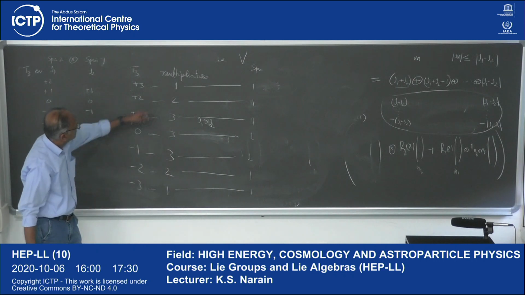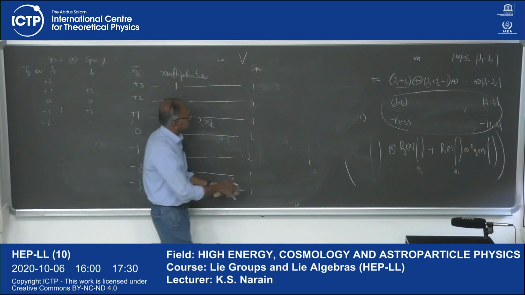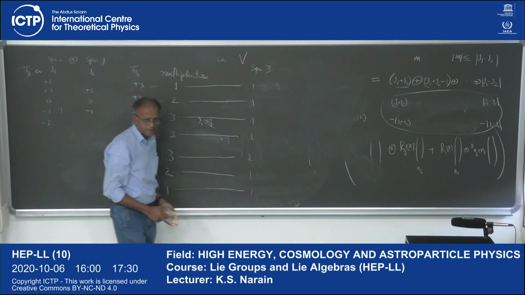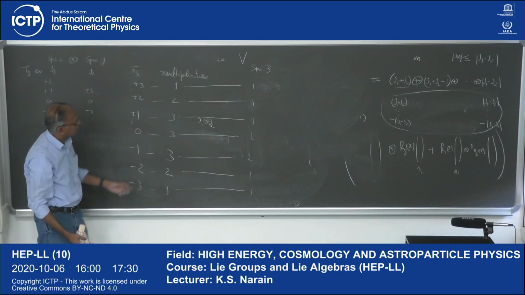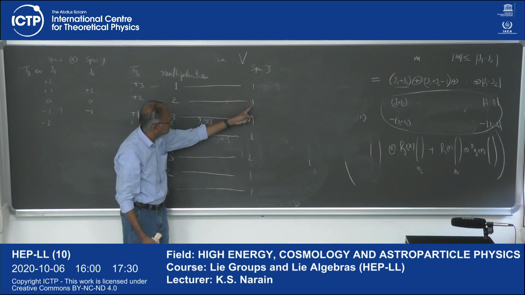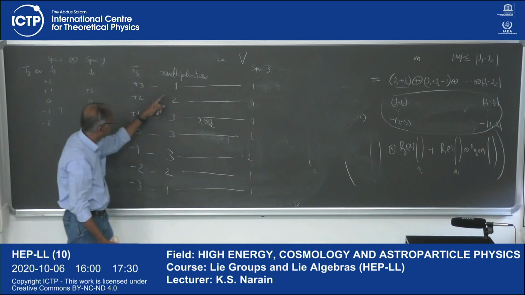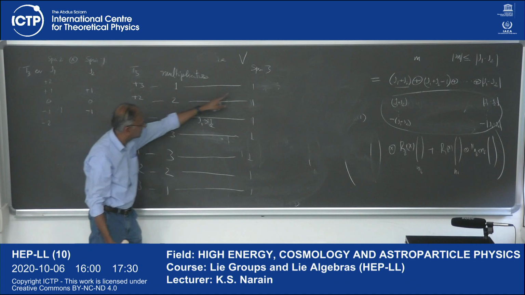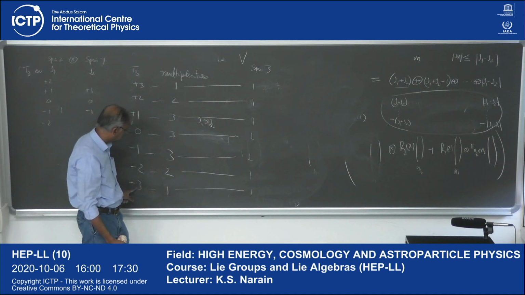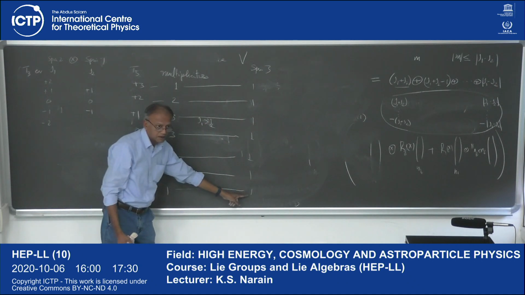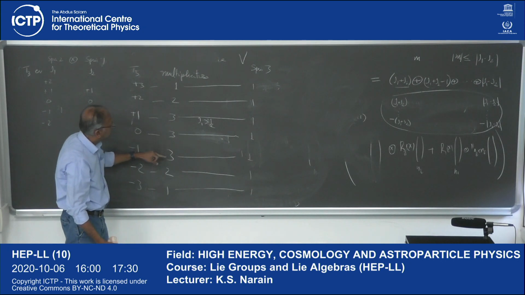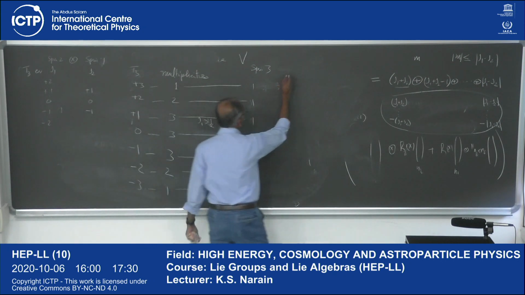So I know that the spin 3 representation exists. But that cannot be the whole thing, because spin 3 accounts for multiplicity 1 for each of these contributors. This has been taken into account, similarly this one, and this one. But for the remaining ones I have leftovers. So what is left over?